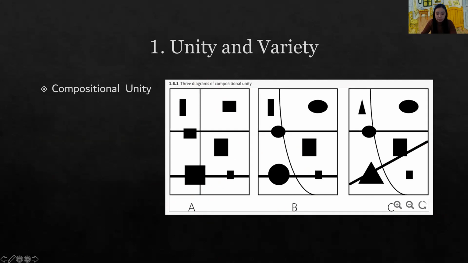Okay. And while C is a unified work, its visual variety feels incoherent and chaotic. So basically, compositional unity means making a unity by positioning the elements in a work of art.